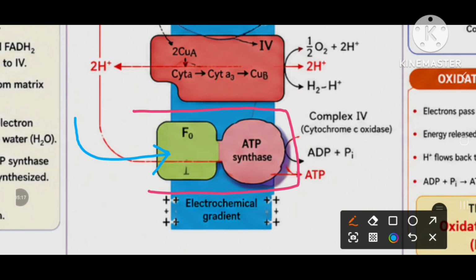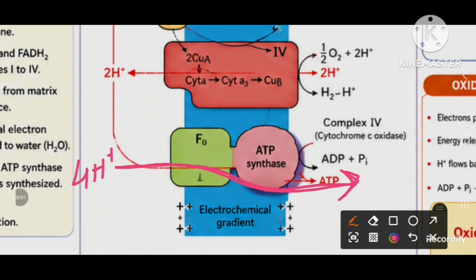Okay, and it will just transfer the H plus ions. So when 4 H plus ions pass from the proton channel to the F1, it will change the conformation in the case of ATP synthase. See, ATP synthase, which is also known as the F1 particle.